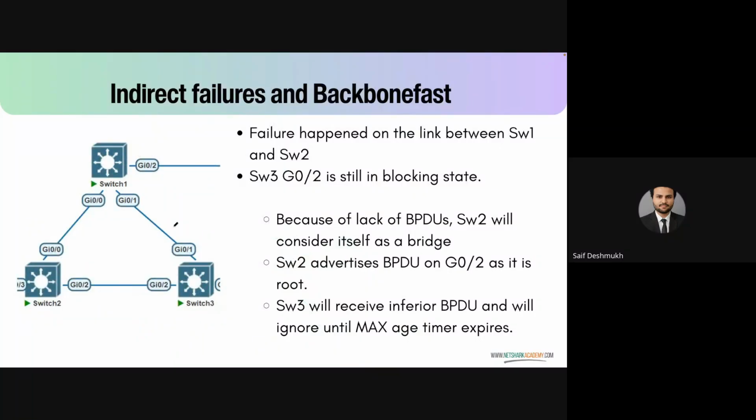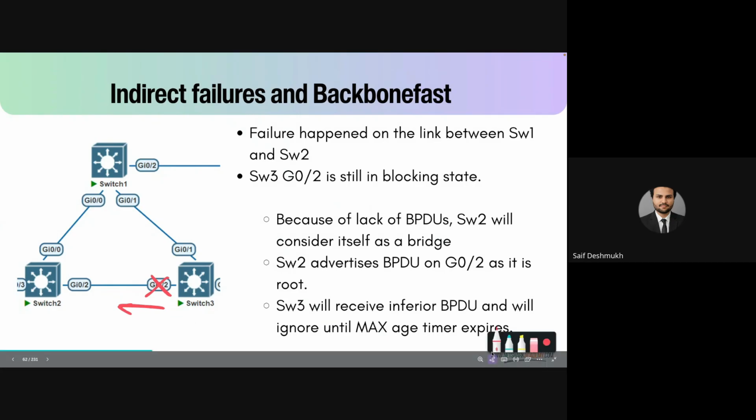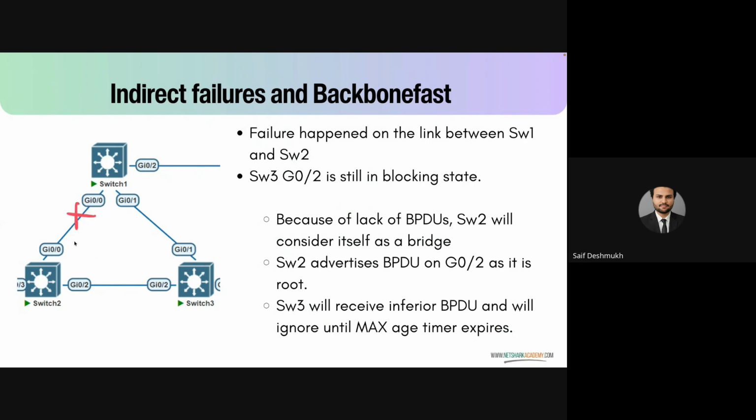Now let's talk about indirect link failure. The topology is the same. This guy is in blocking, and I'm not sending any BPDUs, guys. I will never, because this is blocking. Even the BPDUs are stopped from sending here. So what happened here is that failure happened on this interface, but switch 3's gigabit 0/2 is not sending any.